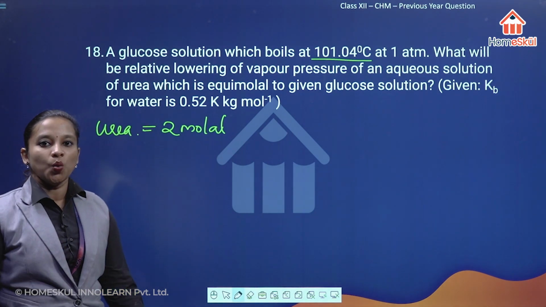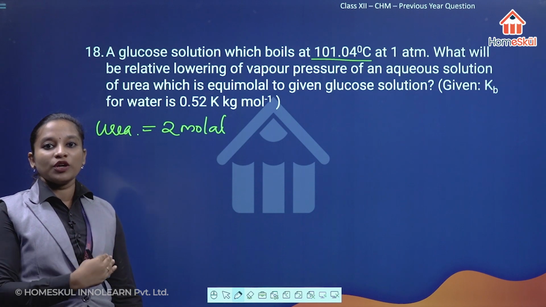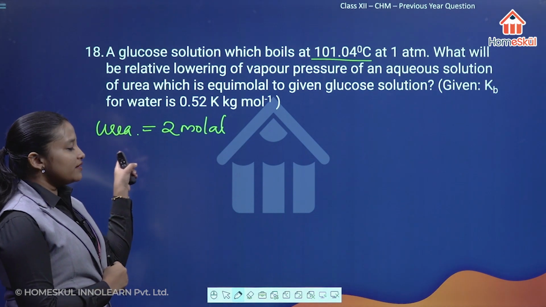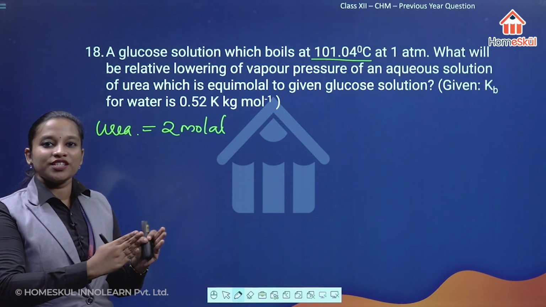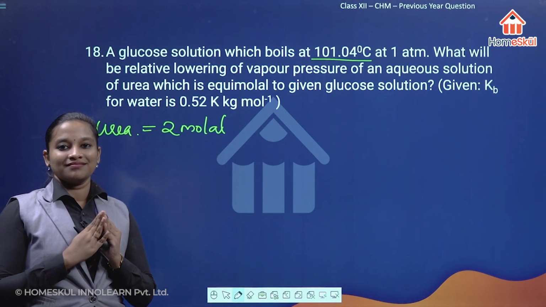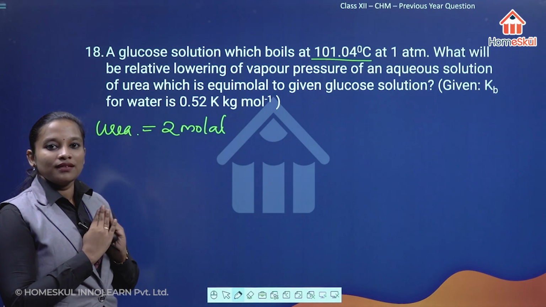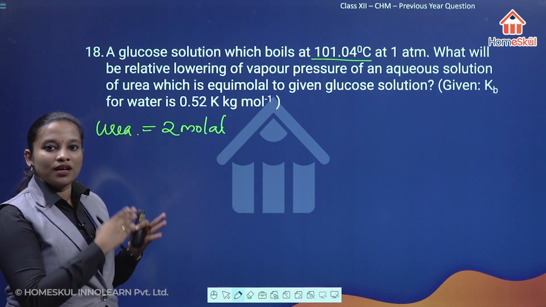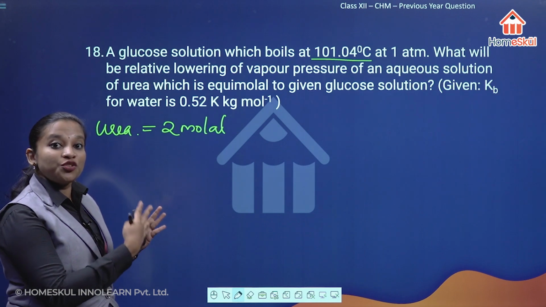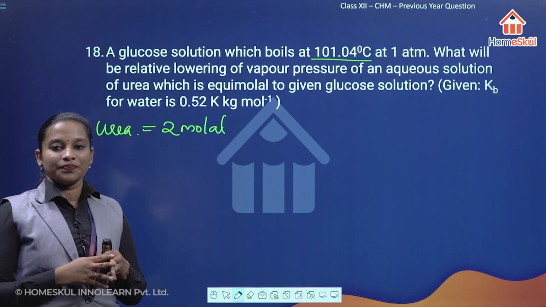Okay, now we have to find the relative lowering of vapor pressure. Here, the relative lowering of vapor pressure of the urea solution is directly connected to the mole fraction of urea present in that solution.